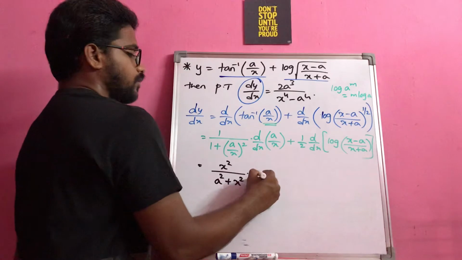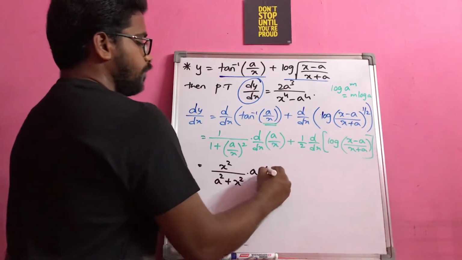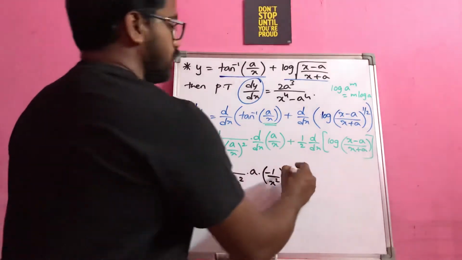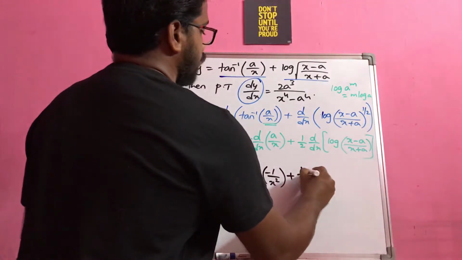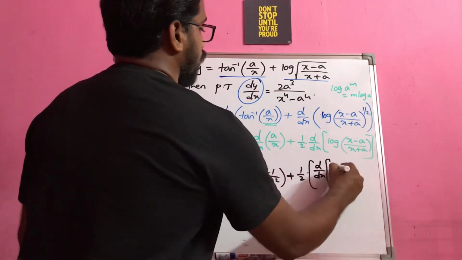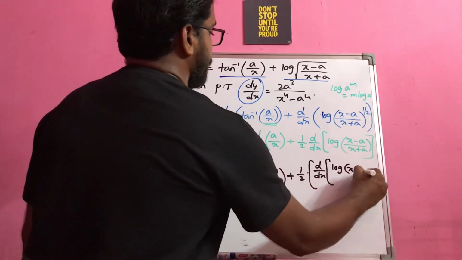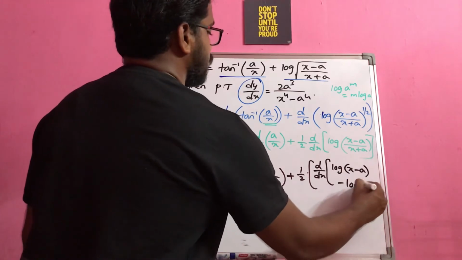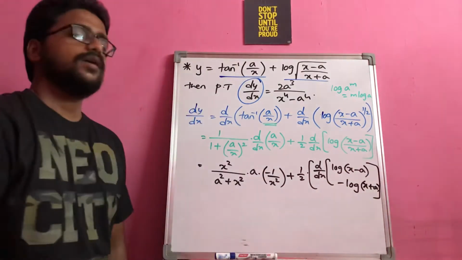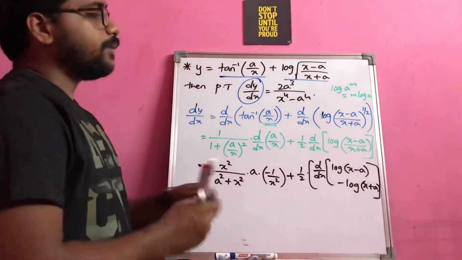Here a is a constant, d by dx of 1 by x will be minus 1 by x square. So this continuation will be half into d by dx of log of x minus a minus log of x plus a. See, this is the advantage that you have with the logarithm. See how simple it became.